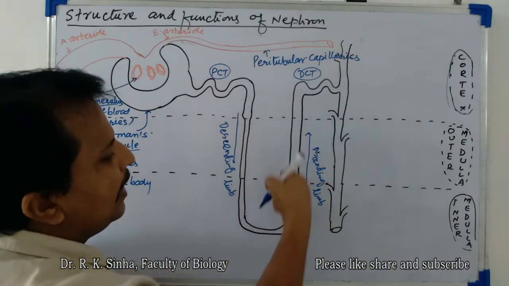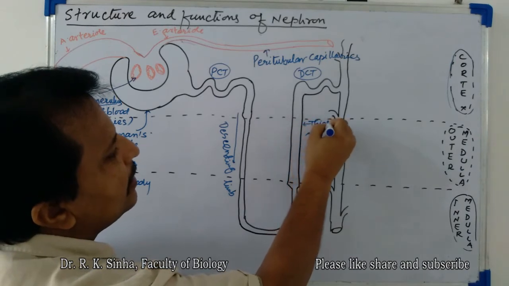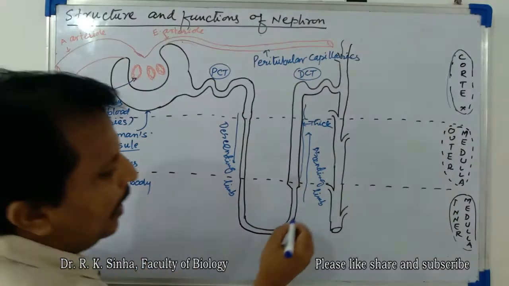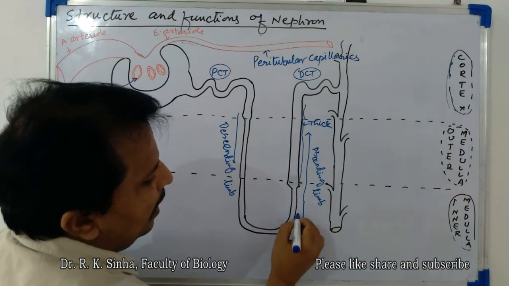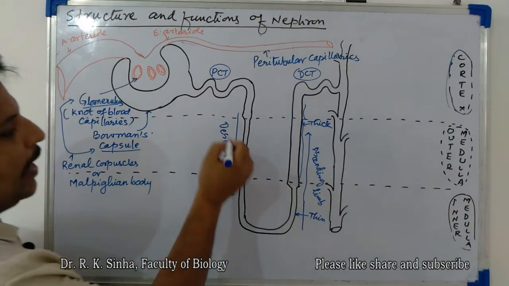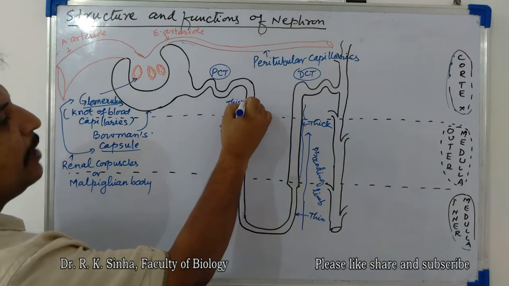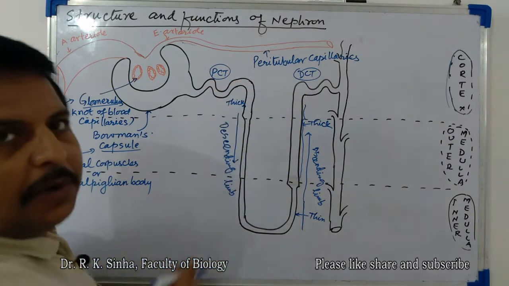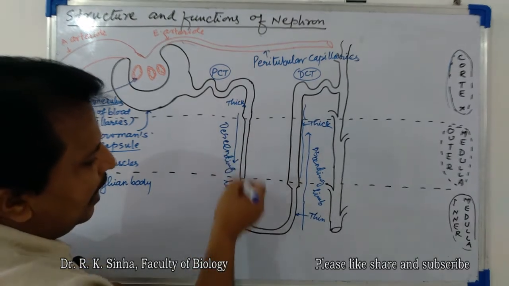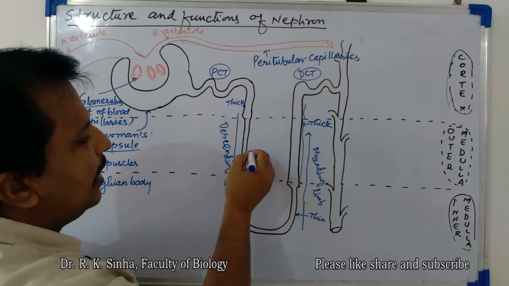This entire part is thick, and this is the thin part of the ascending limb, whereas this is also a thick part, a short segment. Actually this is part of the PCT.